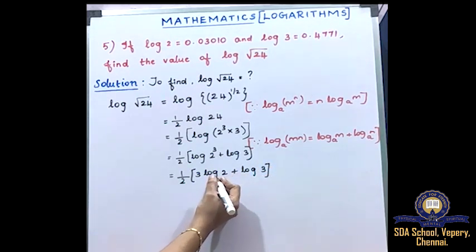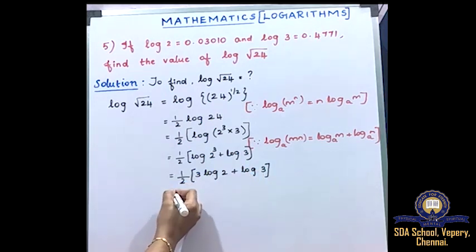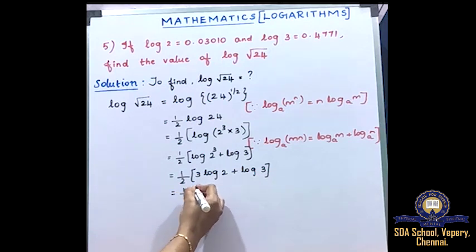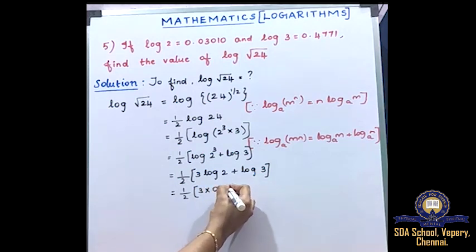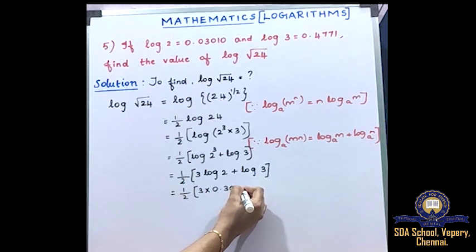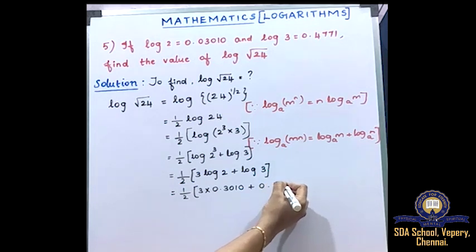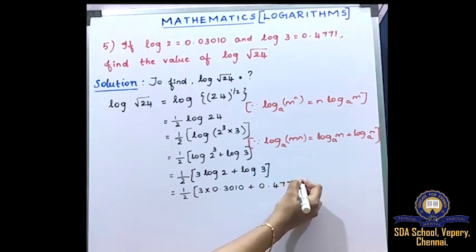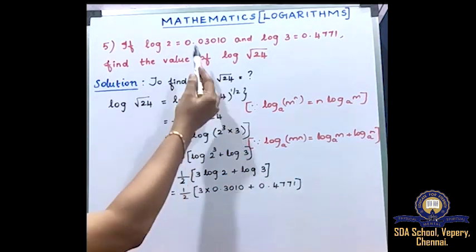Now, we can substitute the value of log 2 and log 3 from the question. So, we will get 1 by 2 into 3 into log 2 value is 0.3010 plus log 3 value is 0.4771.